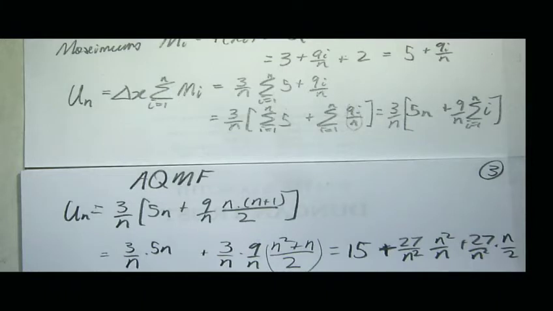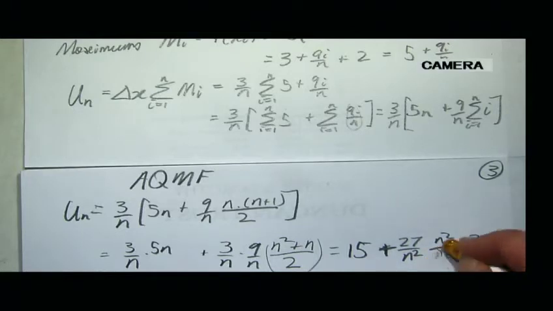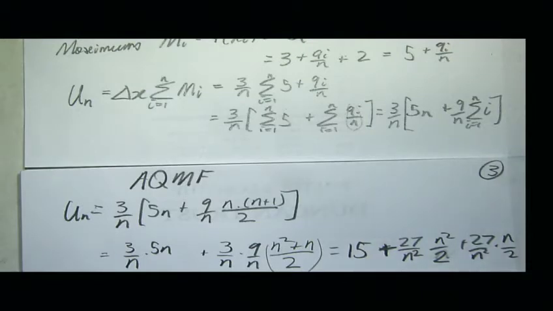Whoops, that is not what I meant to write there. That number should be a 2. And so here again, my n squareds are going to cancel, so I'm going to be left with 15 plus 27 on 2. This term here, I've only got one n to cancel, and so I'm going to get plus 27 on 2n.